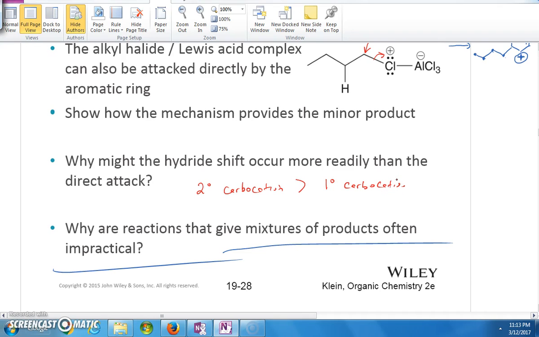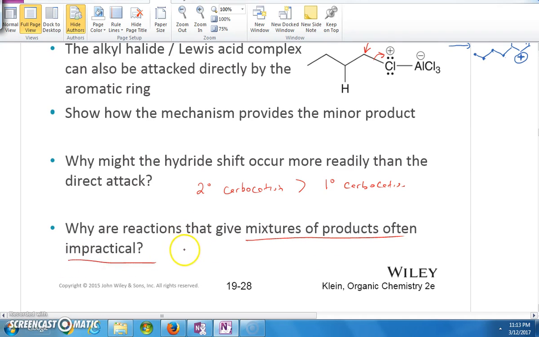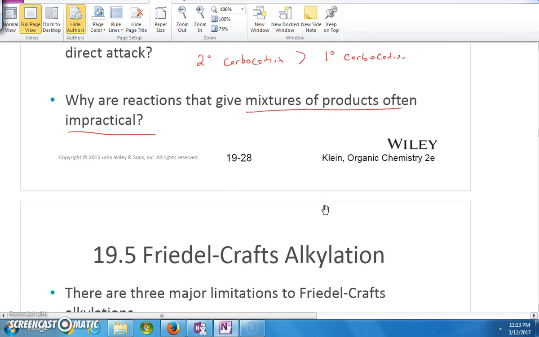Now, a reaction in which you have mixtures of products is not practical because you have to carry out a lot of separation, and of course, that reduces the yield significantly.